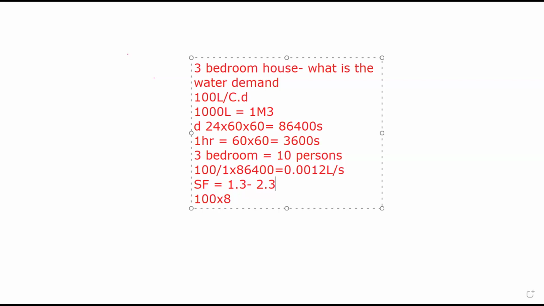If I'm designing for 10,000 people, I might use a safety factor of 2.0. In other words, I'm doubling the demand. It's normal. That's the rule. But if I'm doing a design for 4 million people, my safety factor can come down to 1.5 or even 1.3. In fact, anything above 1 million, your safety factor comes to the minimum.